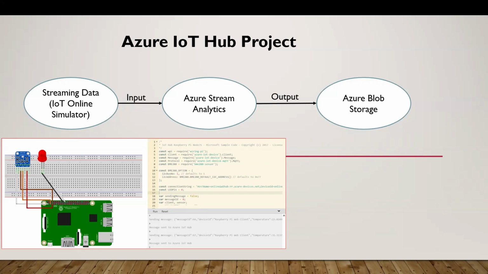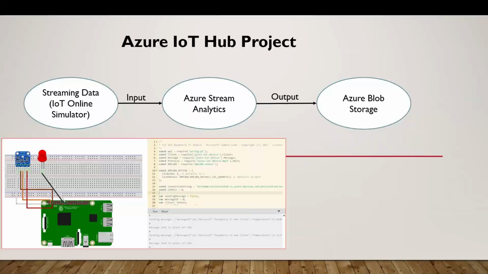This is the device where we are generating the data and we can get the input from this device and move forward to our Azure Stream Analytics. After all the data is processed, it goes to output and the data will be stored in our Azure blob storage. You can see this diagram. This diagram is basically the IoT online simulator.